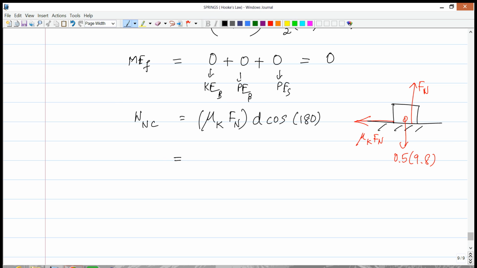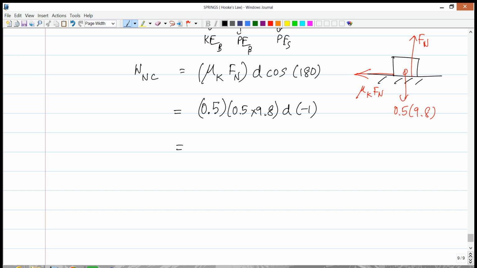Now this is important. Make sure you get that. Once we have this, let us figure out everything else. Mu k is simply 0.5 in the problem, multiplied by 0.5 times 9.8 times d times minus 1. So we have now all the components of our system. 0.5 times 9.8 is 4.9. That multiplied by 0.5 is 2.45.